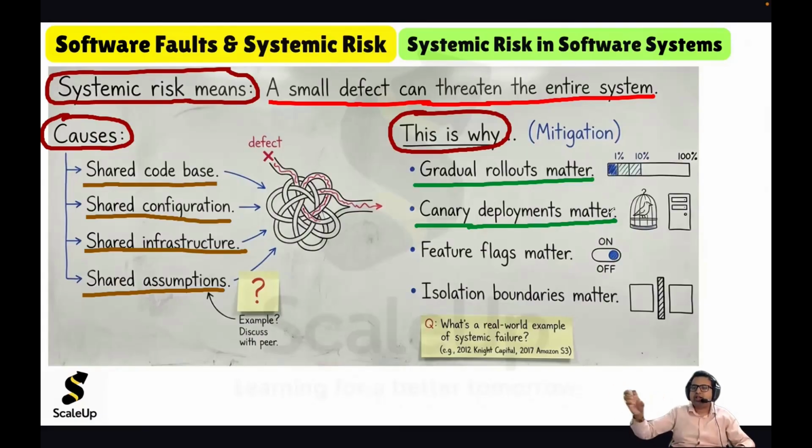Then introduce that feature upgradation to 50% of the user base, and then 100%. In this way, you will avoid systemic risk. Because let us suppose you introduce the new feature to 25% of the user base and your system crashed. Only 25% of your user base will get affected.